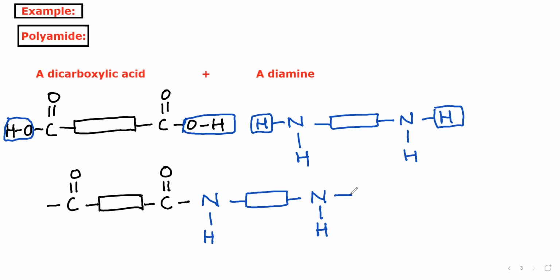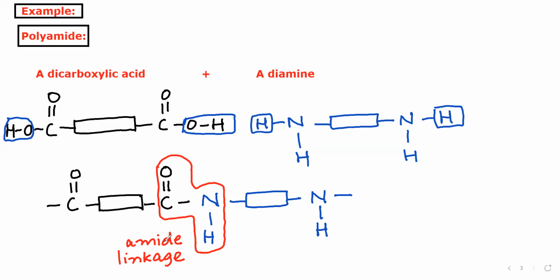Now, what is my linkage? This is basically my linkage where the amine group and carboxylic are connecting. And what is that called as they are linking? This is called an amide linkage. In polyester, I had an ester linkage. Here, an amide linkage. We can highlight this.